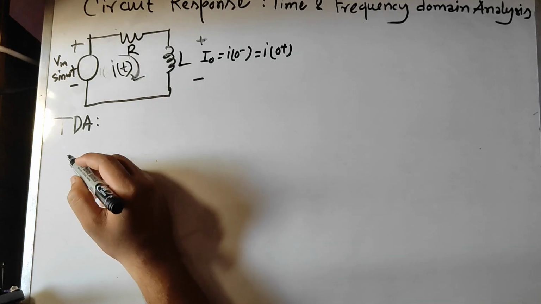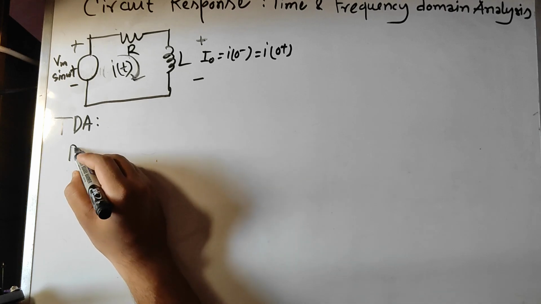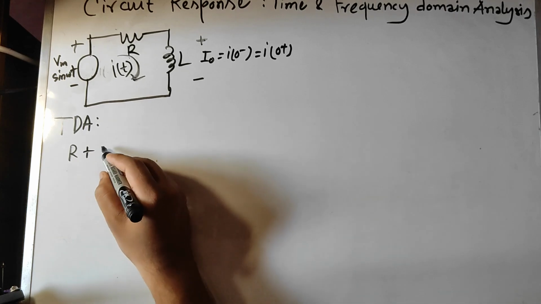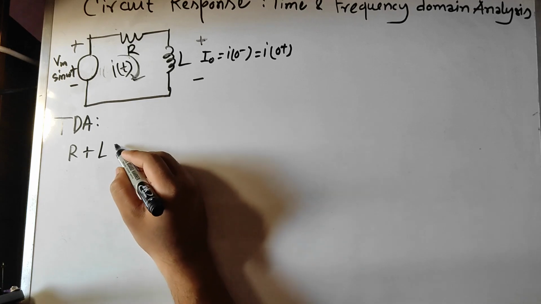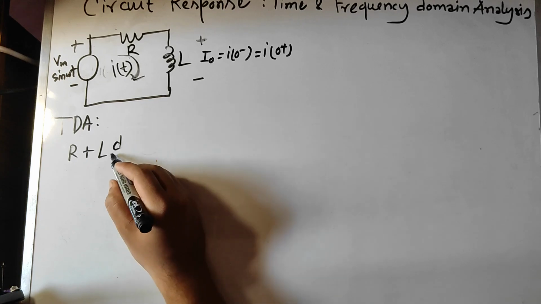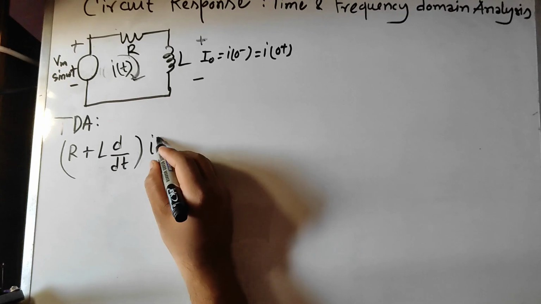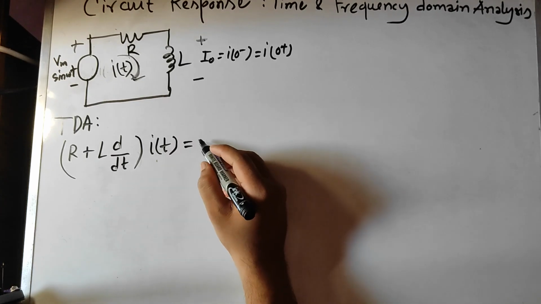So for the loop, R plus L d by dt of i(t) equals the input.